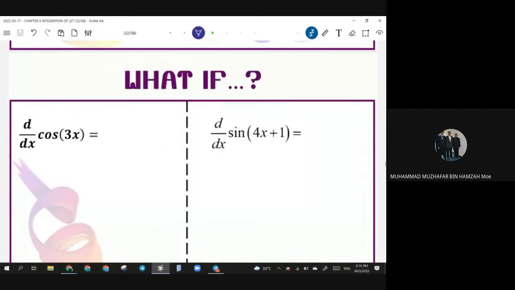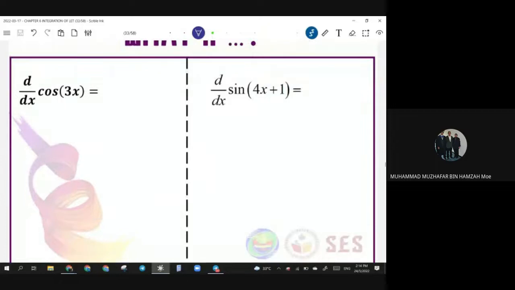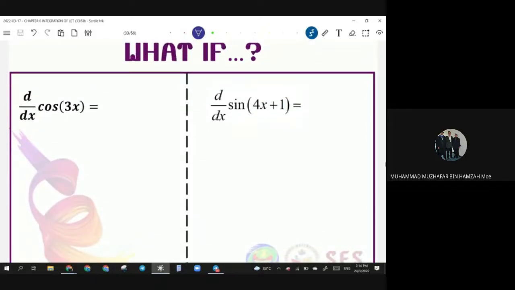So by the way, what if we have d/dx of cos 3x? If we differentiate sine, we get cos; differentiate cos, we get negative sine 3x times 3.